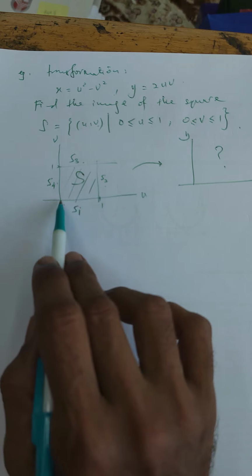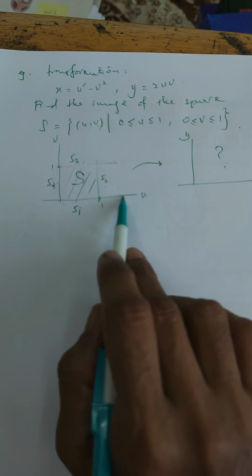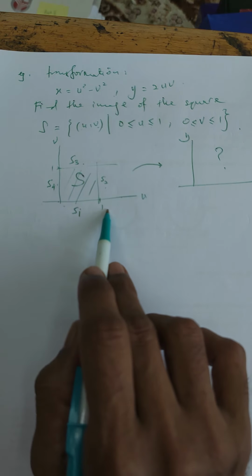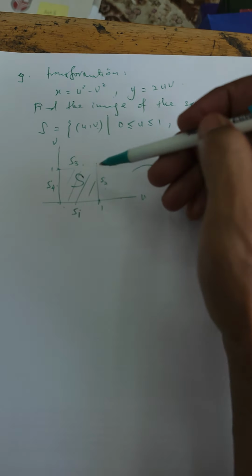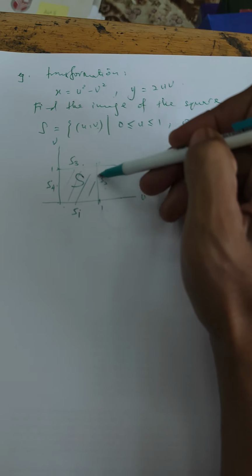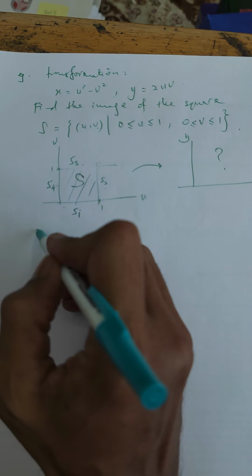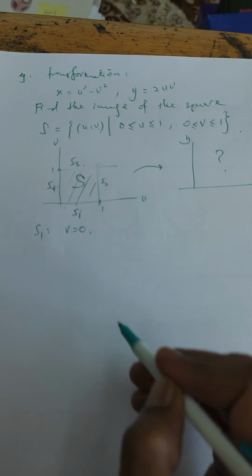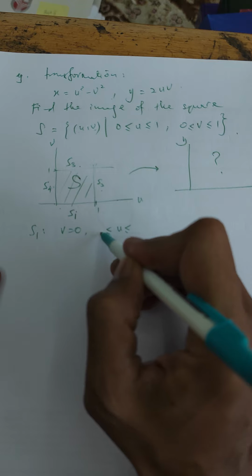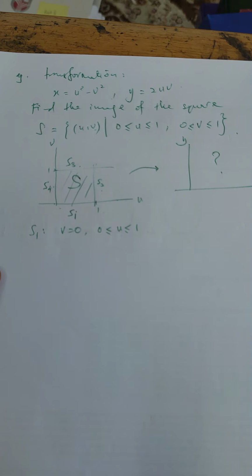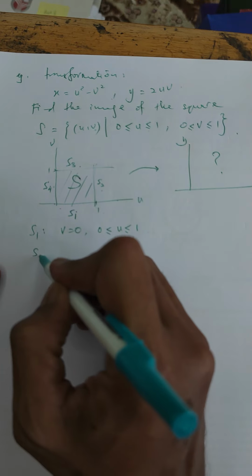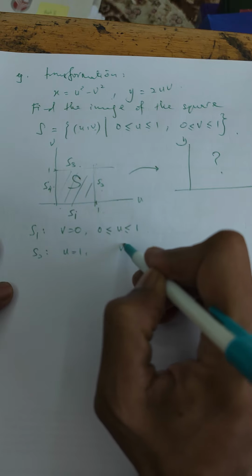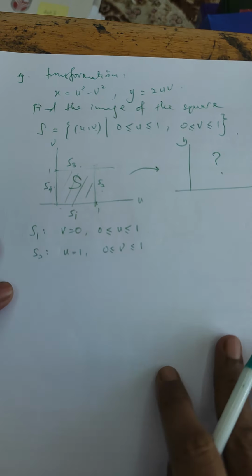Note that the equation here is v equal to 0, with u from 0 to 1, and this one is u equal to 1. So let me write those down. For S1, we have v equal to 0 and u from 0 to 1. For S2, u equal to 1 and v from 0 to 1.